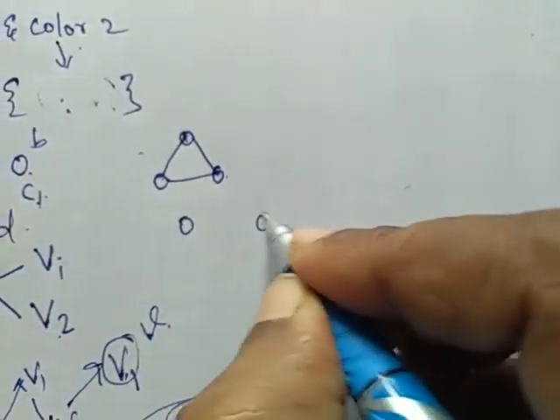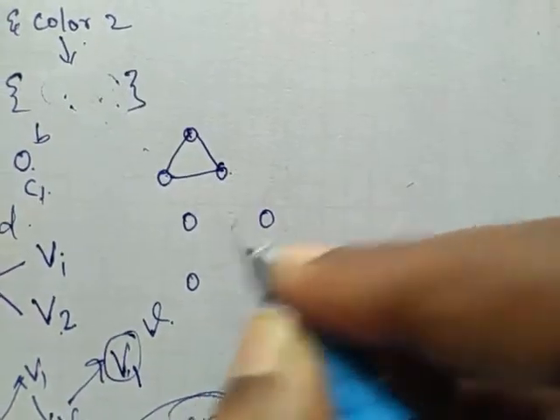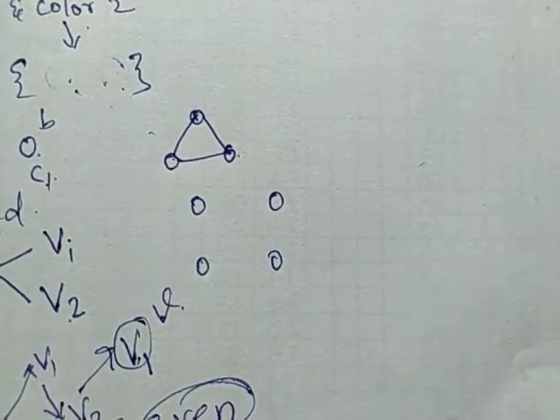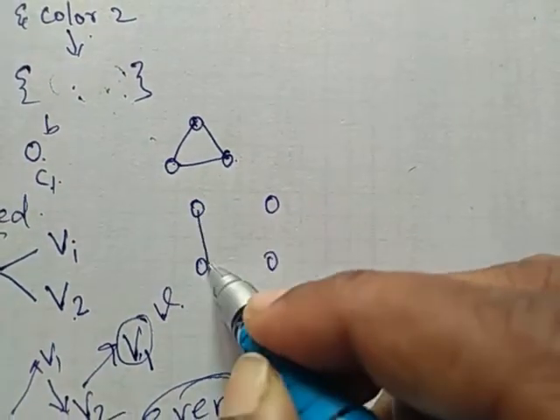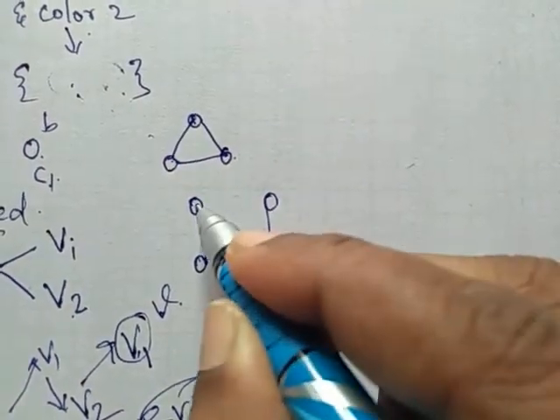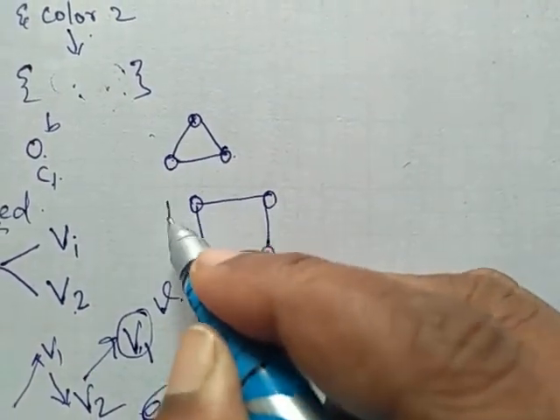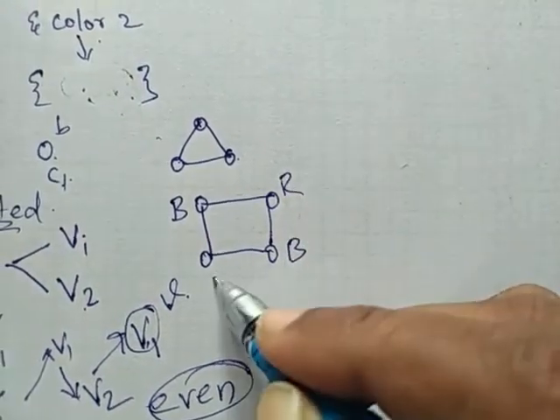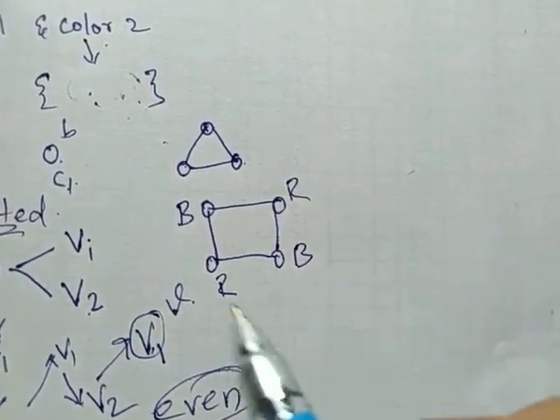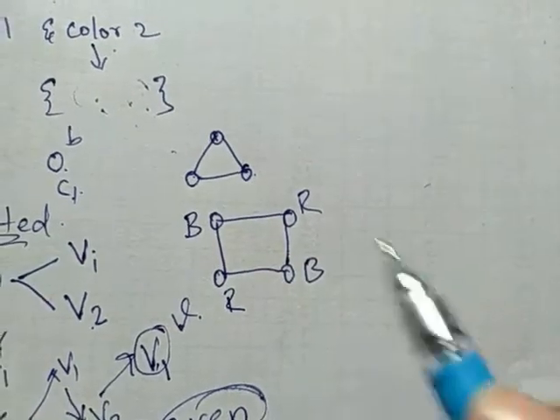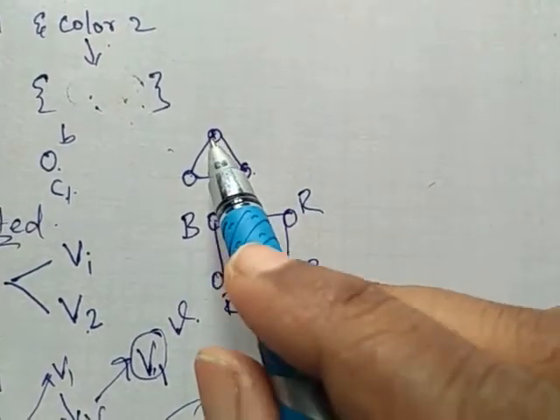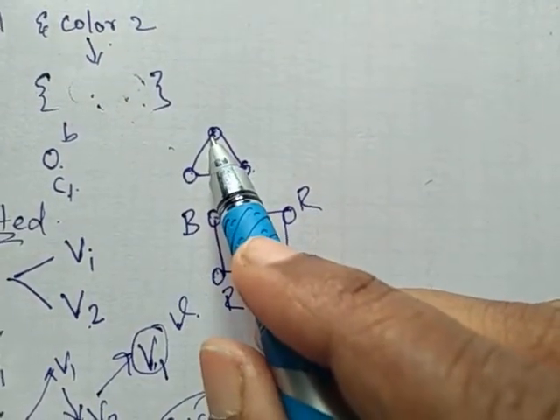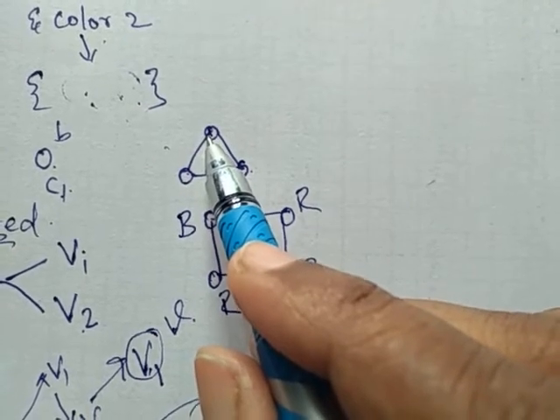Suppose it is having an even cycle. See here, it is having an even cycle, 4 edges. So I can color this with blue, this also with blue, red and red. So whenever it is 2 chromatic, it will be having an even cycle. Whenever it is 3 chromatic, it will be having an odd cycle.